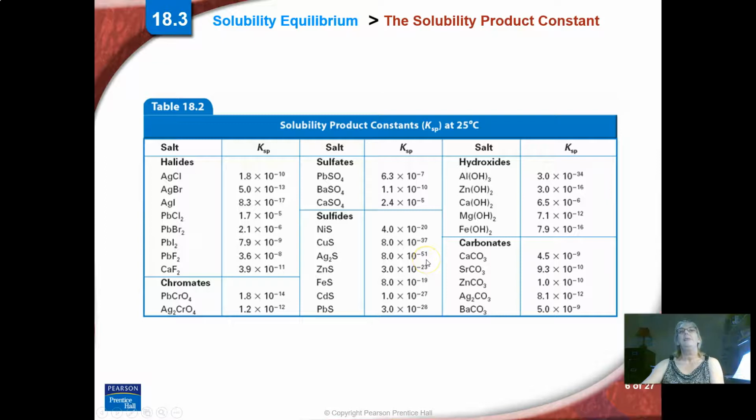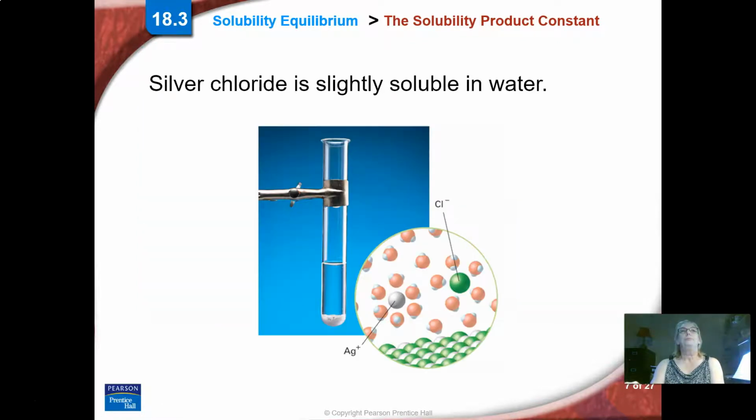A lot of things with silver will not dissolve in water. So silver chloride is slightly soluble in water. Most of it's going to stay in the bottom as a precipitate, and only a couple of little ions will jump up into the liquid phase and be solubilized with the water. So a little tiny bit will go up there, but most of it will stay in a solid form right there.